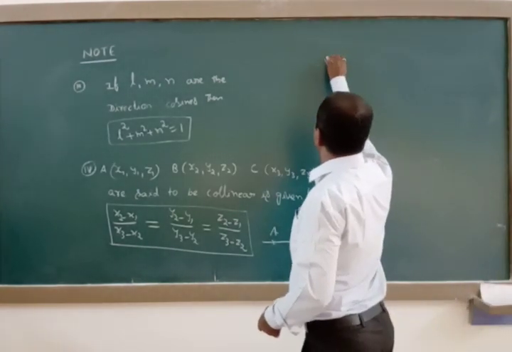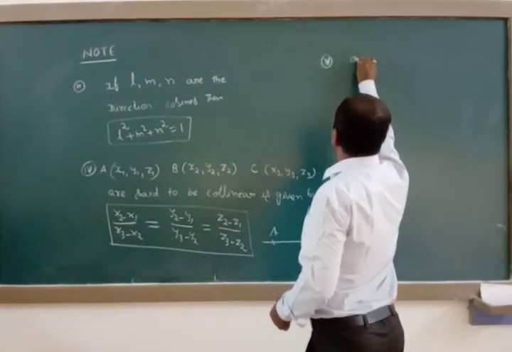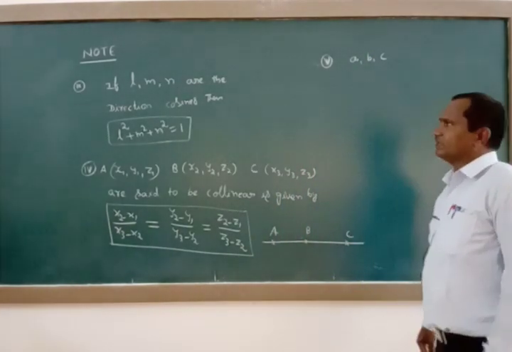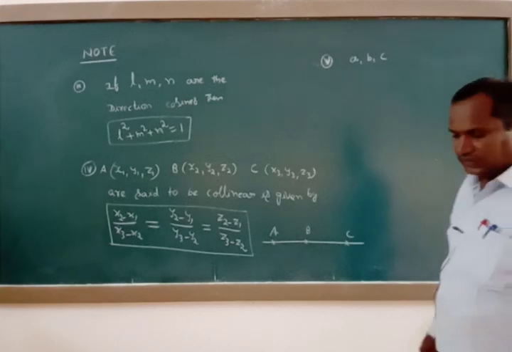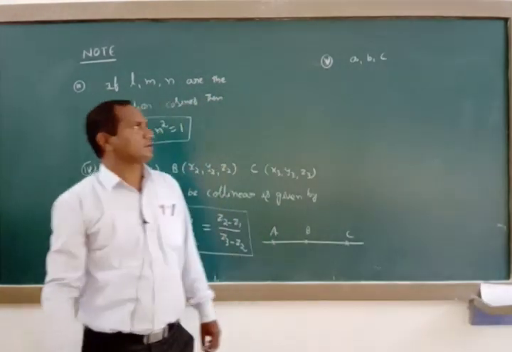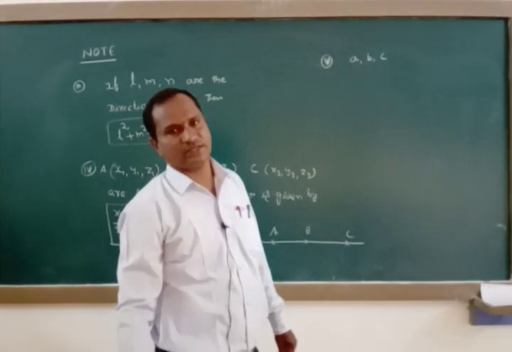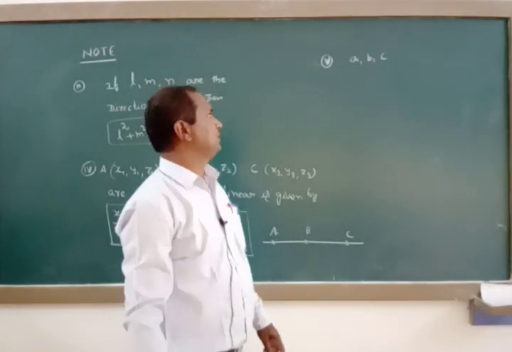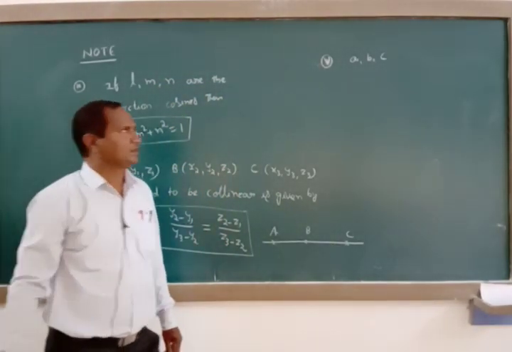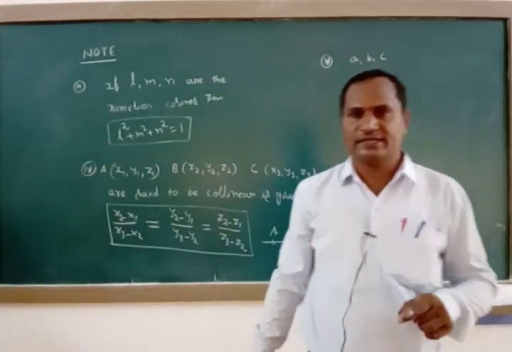Next, the fifth point. Suppose they give only direction ratios a, b, c. Direction ratios means the numbers a, b, c are proportional to the direction cosines l, m, n. How are we telling those 3 numbers are proportional to the direction cosines?